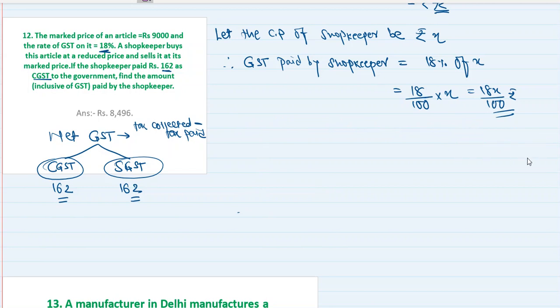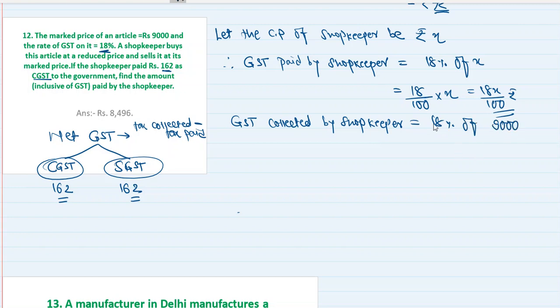Okay, so till here it was correct. GST paid by the shopkeeper was 18% of X. What was the GST collected by the shopkeeper? GST collected by shopkeeper is equal to 18% of 9,000.